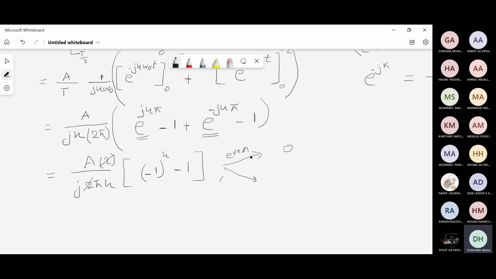When k is odd, this one is equal to minus 1. Minus 1, then it becomes 2. So then it is 2a divided by jk pi.